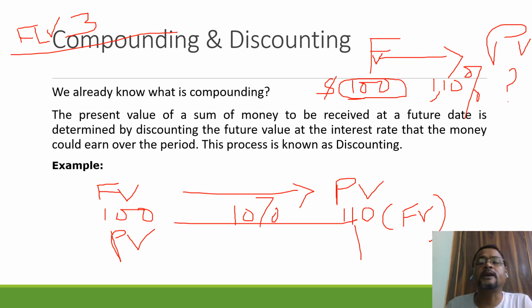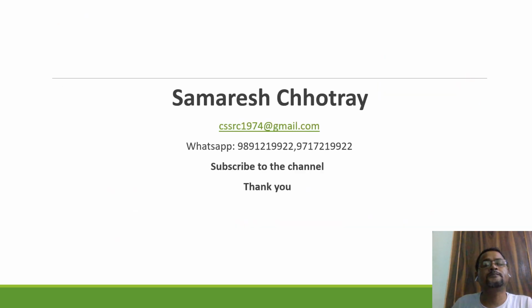Compounding, you can get it from finding the future value of single cash flows. We have discussed these two things in detail in FLV 3, that is future value and present value of single cash flows. Kindly refer to the previous video, FLV 3.